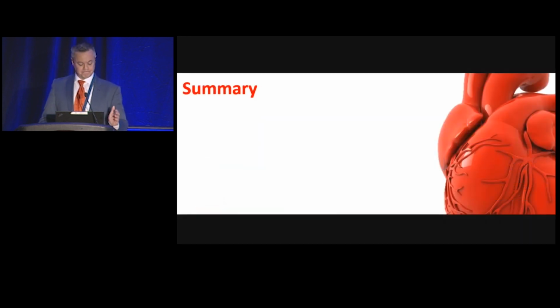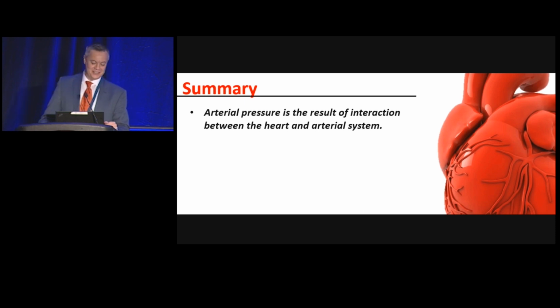So in summary, I want to tell you that the arterial pressure is the result of the interaction between the heart and the arterial system. Always consider this sentence when you are looking at those numbers at the bedside.